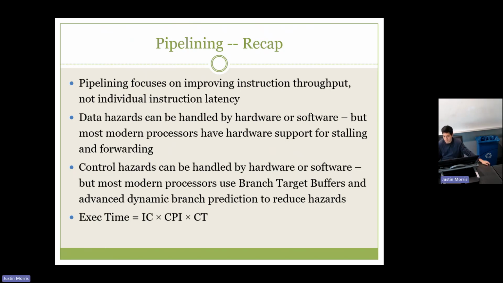But if it's a branch after the R type, it's a penalty of 1. Load word, if it's R type dependent after, penalty of 1. If it's a branch after, the penalty of 2, right? So you can calculate this new CPI based on those percentages and the penalties.